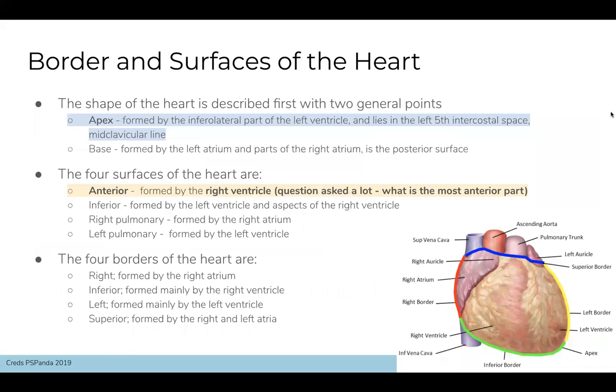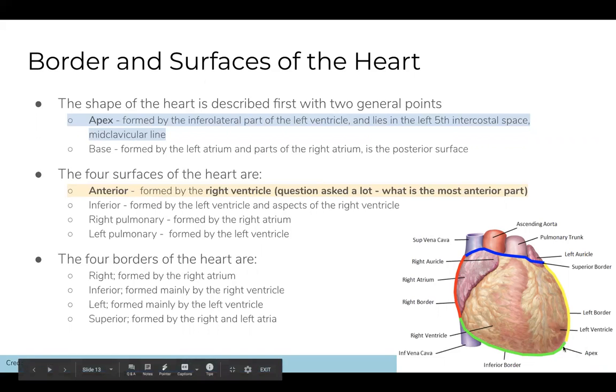Okay. Now we're up to the stuff that is slightly more high yield: borders and surfaces of the heart. When you're talking about the heart, firstly, you have two general points, the apex and the base. Kind of opposite to what you would think, the apex is actually the bottom of the heart, but it is the pointy bit.